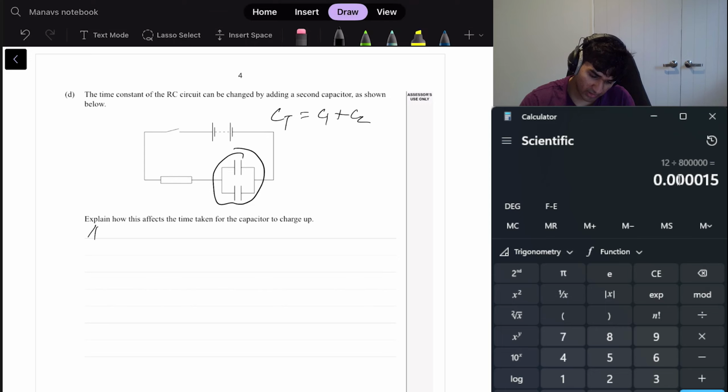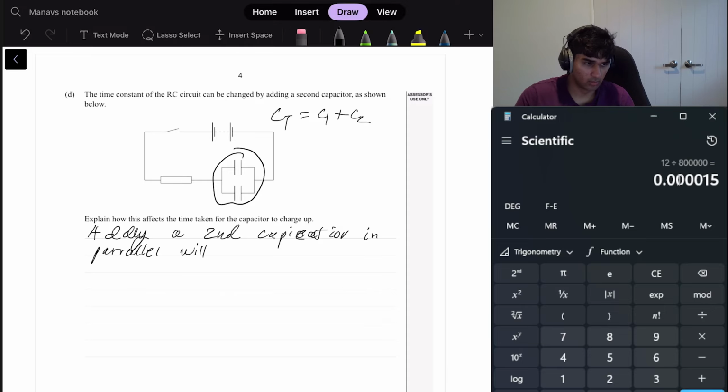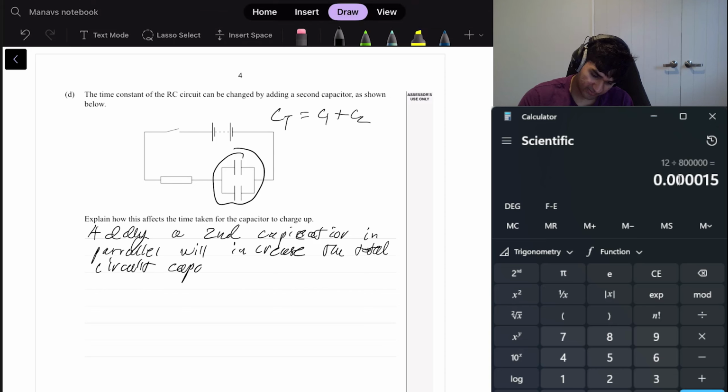So adding a second capacitor in parallel will increase the total circuit capacitance.